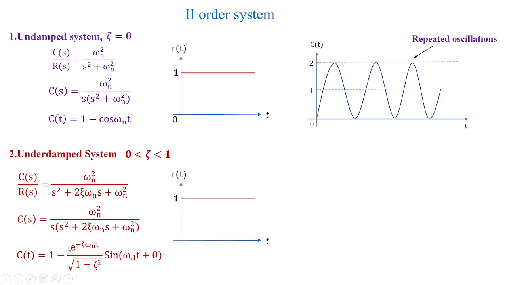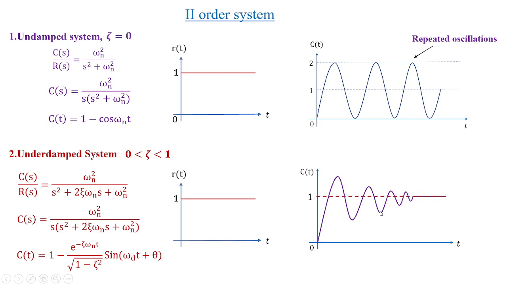For this equation we got the output C of t shown in this particular waveform. You can say we have some oscillations but they are getting damped out and we are reaching the value 1. So initially the behavior was transient and later on the steady state conditions were reached. So damping out of oscillations is what is observed in an underdamped system.